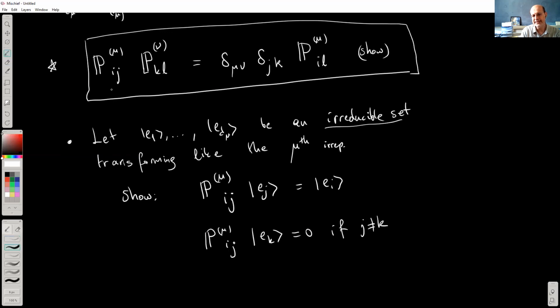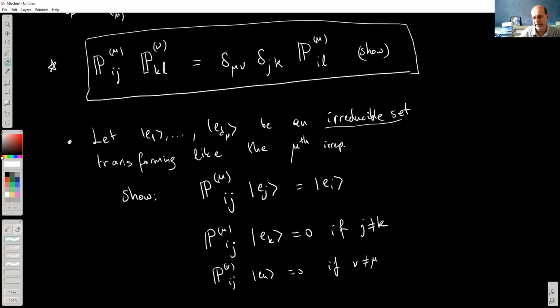It's basically consistent with this expression here. And then finally, we have this. If I apply the operator corresponding to a different representation to Ek, the result is 0 if mu is different than mu', right?